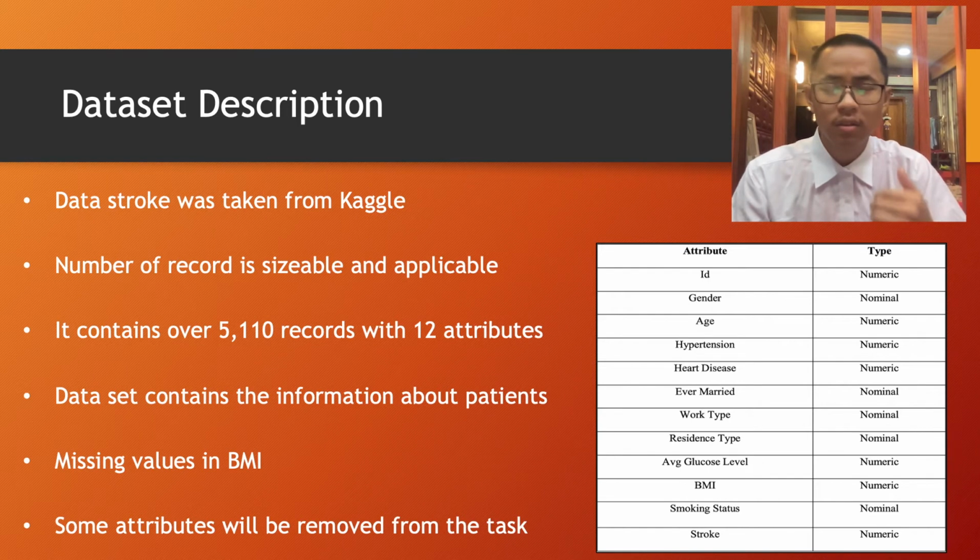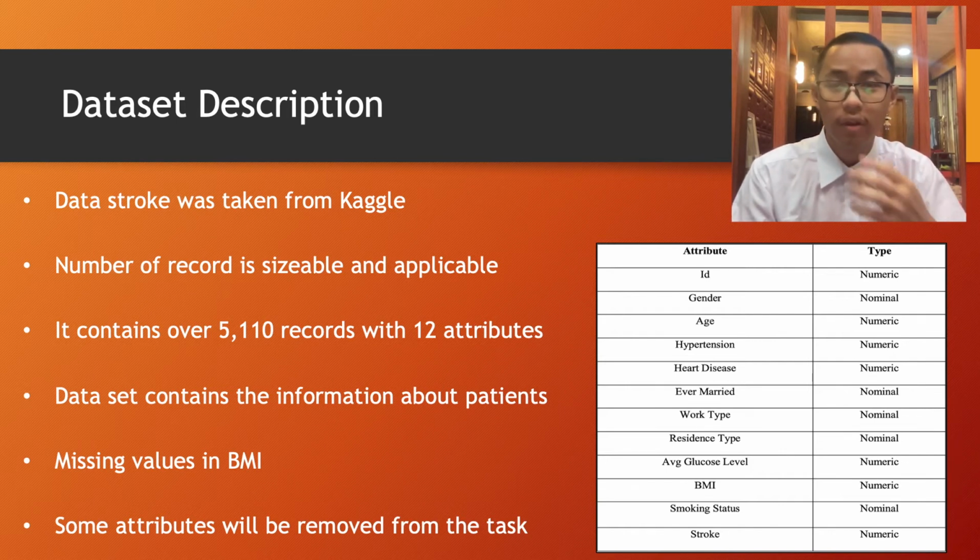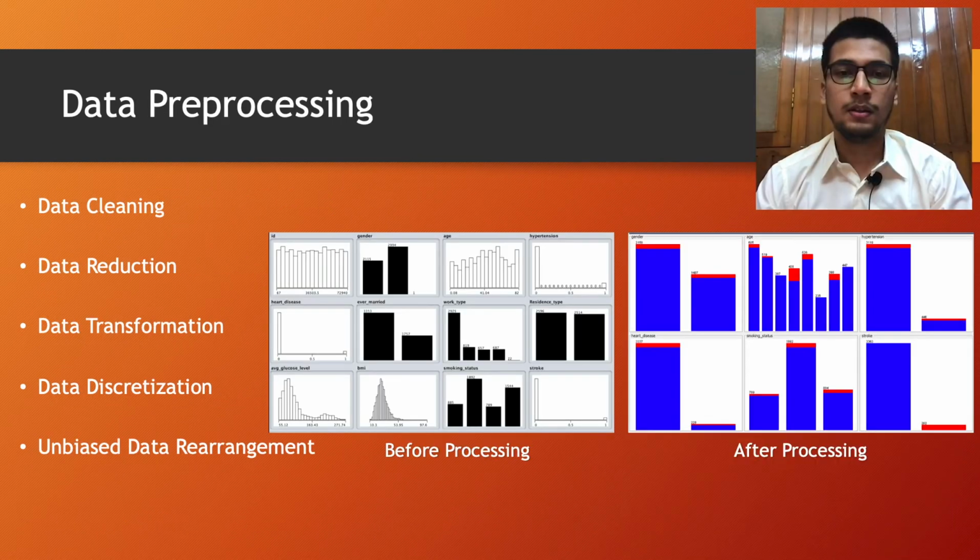Each instance is classified by a quality attribute, and the dataset comprises information on patients such as gender, age, various diseases, and smoking status, who may suffer a stroke depending on the input parameters. In BMI, there are also some missing values, and it also has a high error, which is not conducive to obtaining an accurate representation of the dataset. So we removed some of the attributes for the mining task.